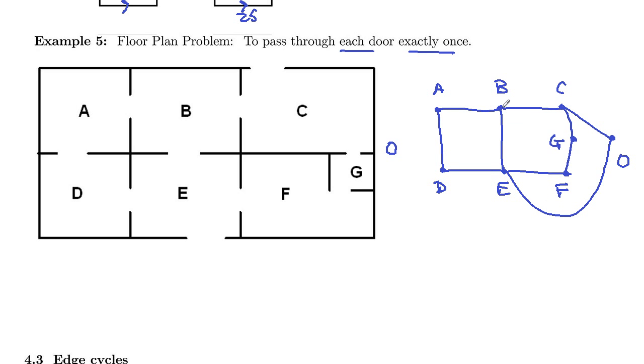Okay, so if you look over this, B is an odd vertex right there, and then C is an odd vertex, 1, 2, 3, and then everything else is even, 2, 2, 4, 2, 2, 2. So we should be able to solve this. How about B will be our start, and C will be our end. And then let's see, how about we go around this sort of rectangle first.